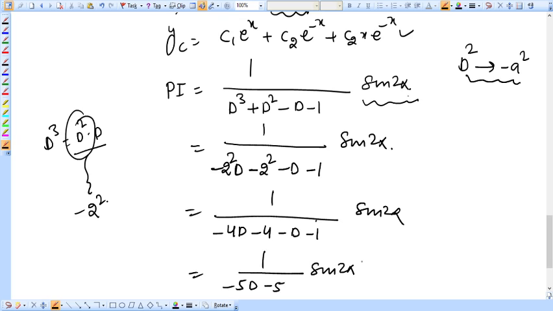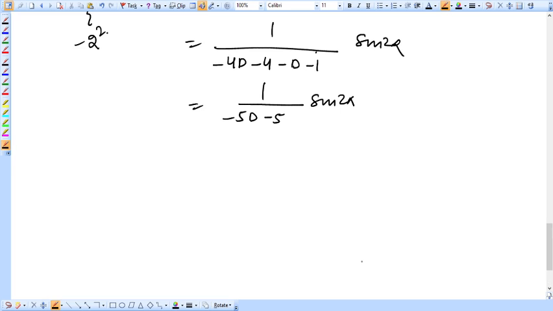Right? So again we want to get somehow a square here. In order to get that, we are going to multiply and divide by... Firstly, take the minus sign outside. So minus taken out, we get 5d plus 5, or you can also take 5 outside the bracket, so we will be having d plus 1 inside, and sine 2x.